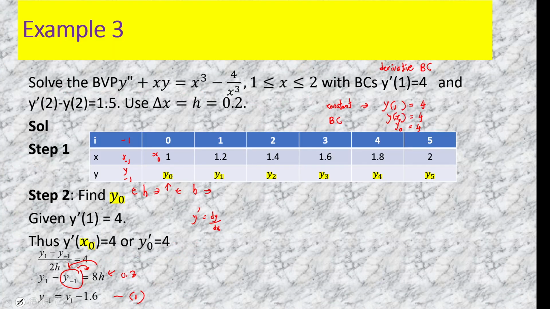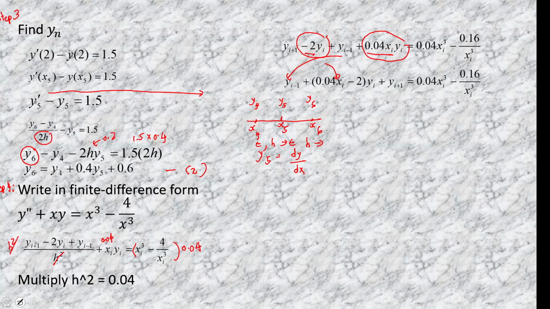To not confuse you, let's say this one we use star, because later on you also get equation 1. And this one, don't use number 2 because I would confuse it with the number 2 of the linear system that you are going to form. Let's call this equation double star.